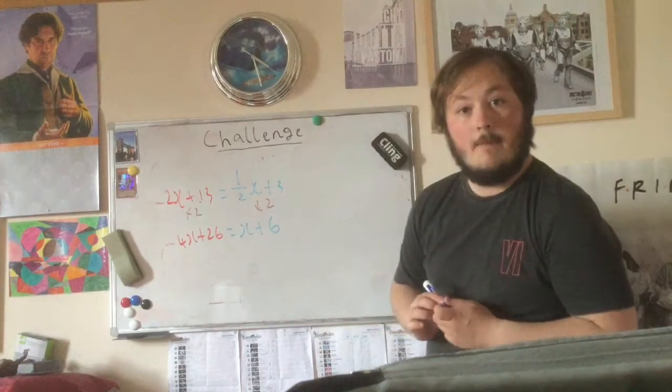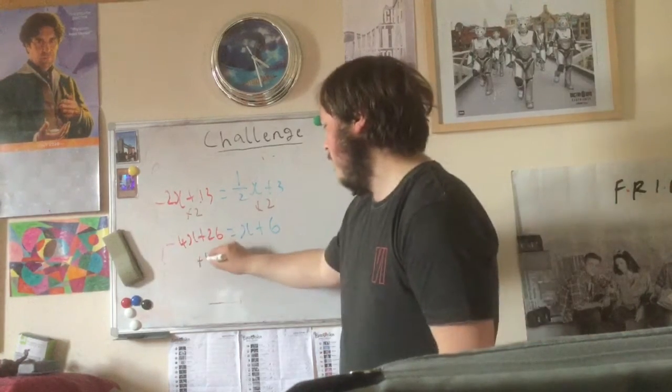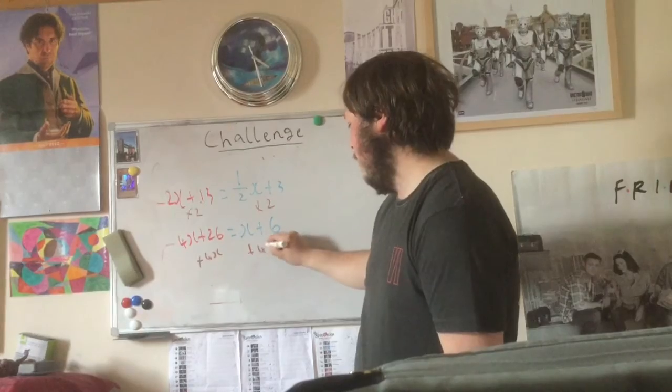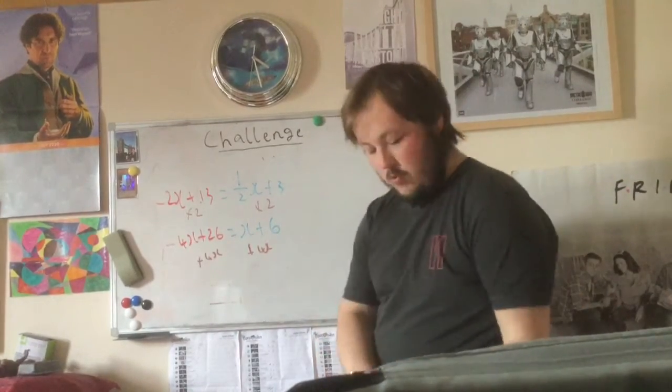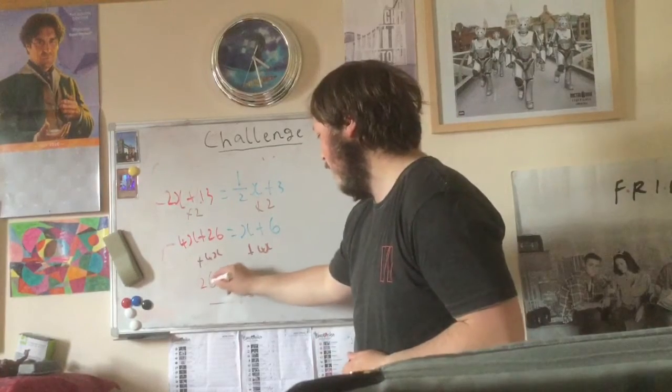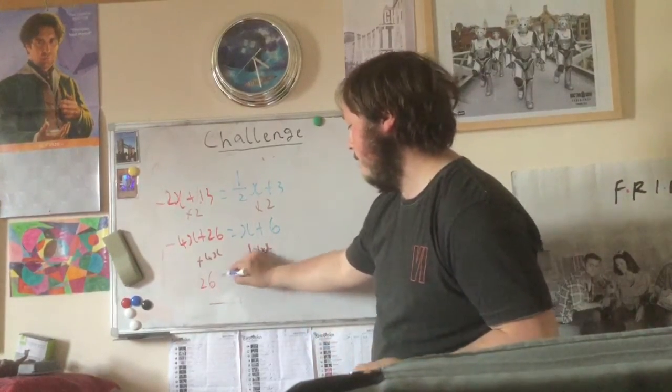Now let's tidy up a bit more. Let's first move all the x's onto one side. So I'm going to plus 4x on both sides to get rid of that one. And from that we will get 26 equaling 5x plus 6.